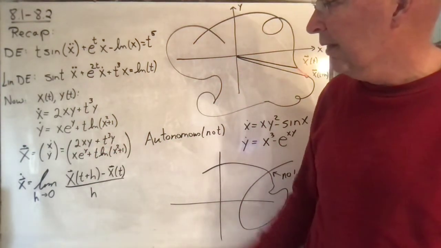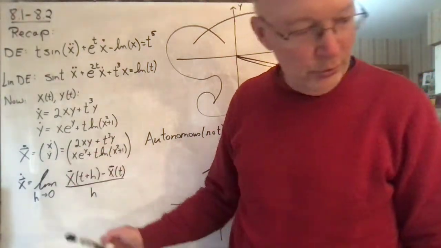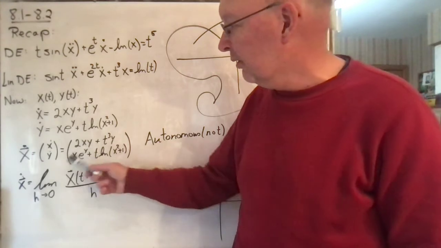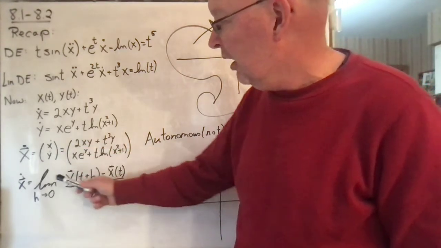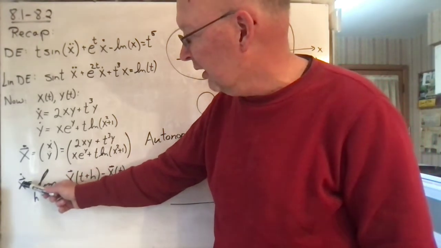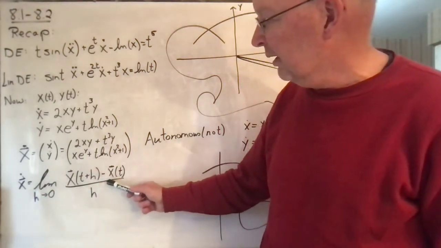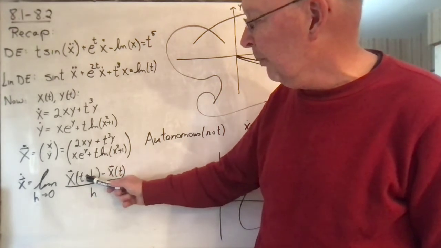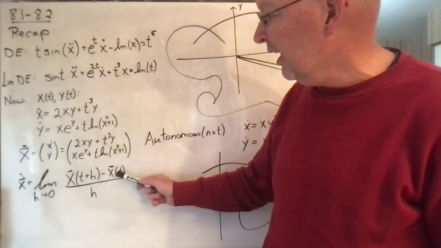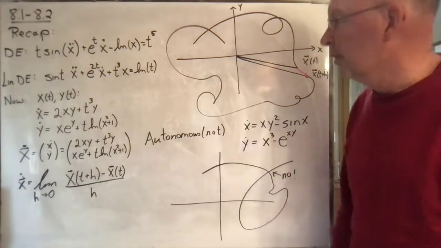So if you go through what I go through in the book and go through the process of looking at the definition of the derivative, you will see that the derivative ends up giving you, similar to a scalar valued function, the limit of this thing at one point in time minus at another point in time divided by h as h goes to 0.